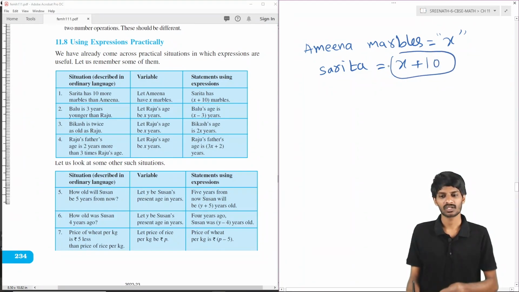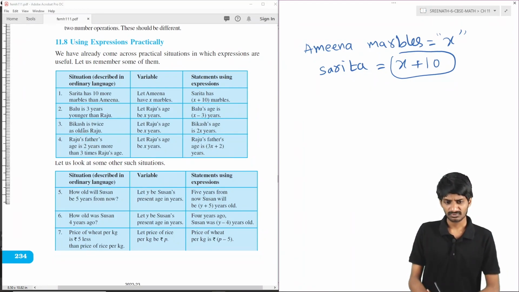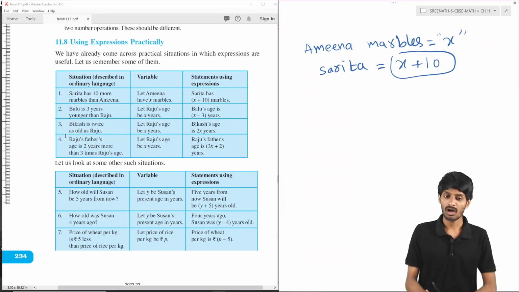So it is the algebraic expression, students. Because she is twice as old as Raju. How old is Raju, students? How many years is Raju?